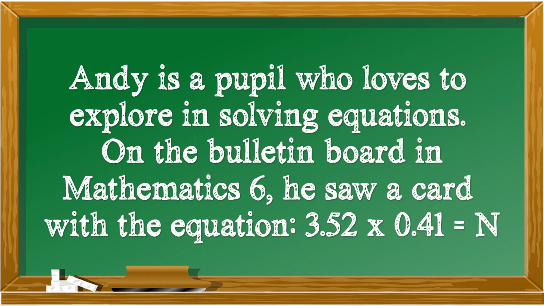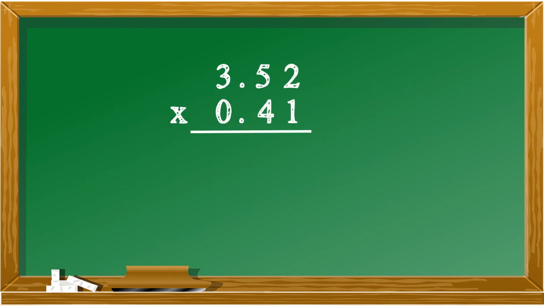He saw a card with the equation 3 and 52 hundredths times 41 hundredths equals n. So let us help Andy to solve this. So write them vertically. So again, multiply each digit of the multiplier to each digit of the multiplicand.